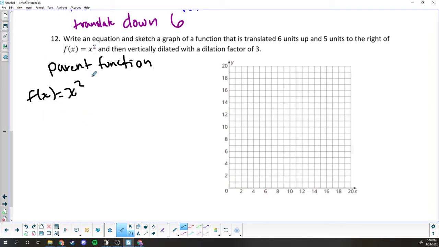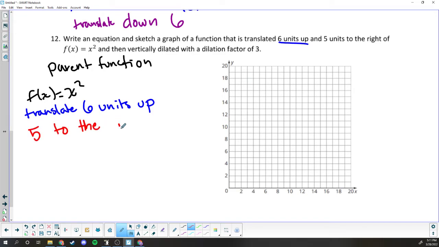I'm going to take this parent function. I'm going to translate it 6 units up because it tells me to. And then I'm going to translate it 5 to the right because it tells me to. And then I'm going to think about the dilation after I do that. That makes sense.